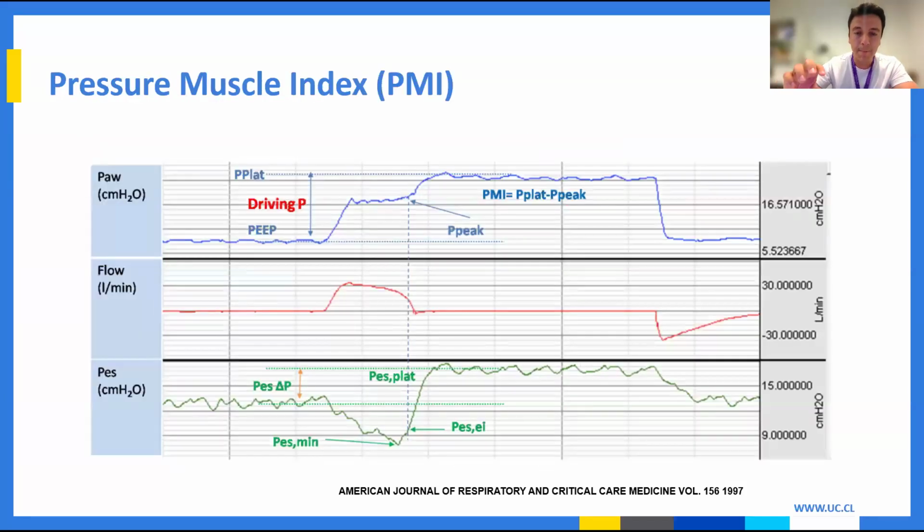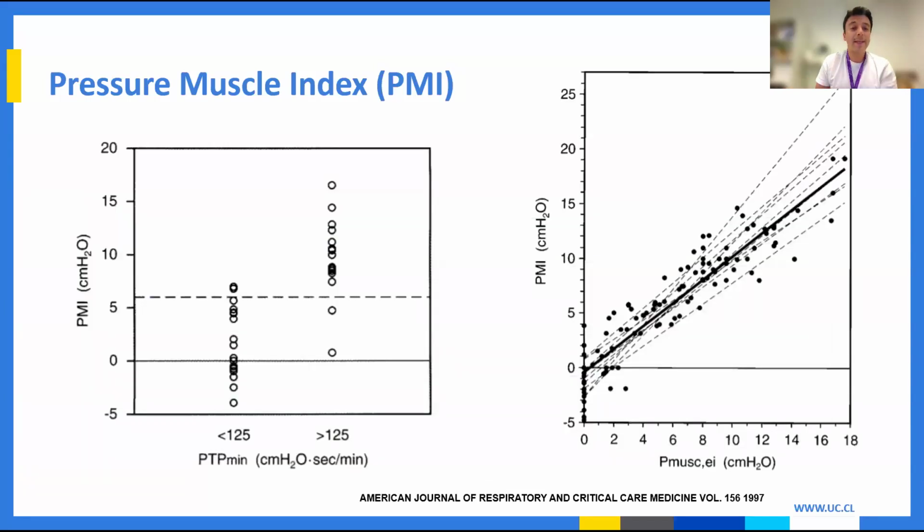So just to zoom in on one breath, you can have this driving pressure during assisted ventilation. You can have this PMI, plateau minus peak, and you can have these values. What this PMI means, there are some old studies trying to determine a cutoff value, and it seems that a PMI around 6, 7 can well discriminate high or low effort.